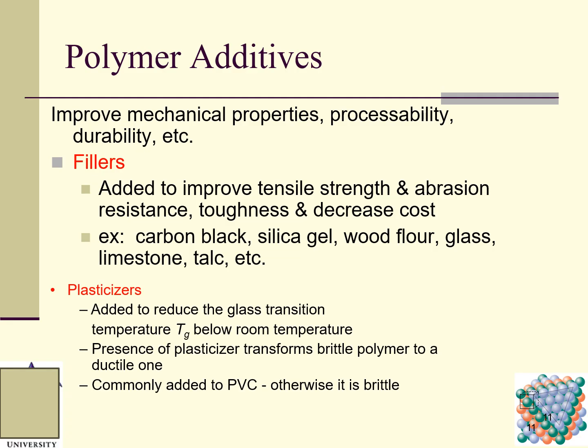And plasticizer. What is plasticizer? Added to reduce the glass transition temperature, Tg, below room temperature. So this is very, very awesome. Presence of plasticizer transforms a brittle polymer to a ductile one.